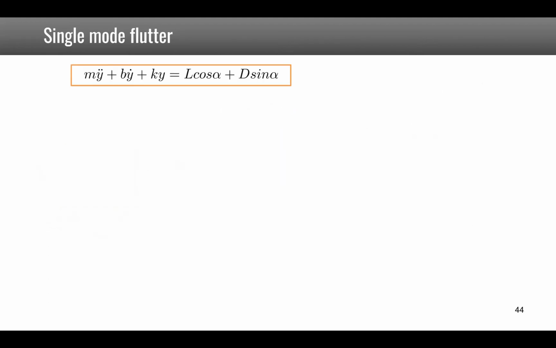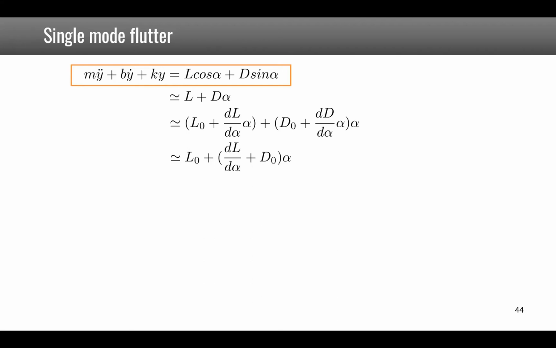Let's now do a little bit of mathematics. We assume that alpha is small, do a first order development of the lift and drag coefficients, neglect the second order terms, and replace alpha by the ratio of the velocity of the body to the velocity of the flow.